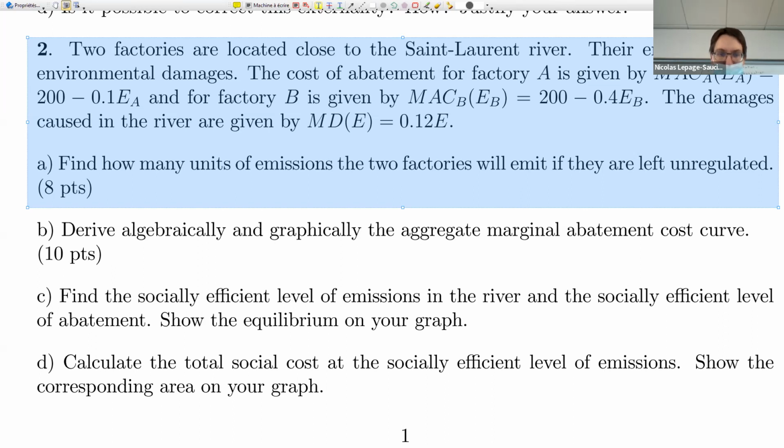minus 0.1 EA equals 0. So that means that 0.1 E equals 200. So dividing by 0.1, I can get E equals 2000. Oh, sorry, I forgot to share my screen.